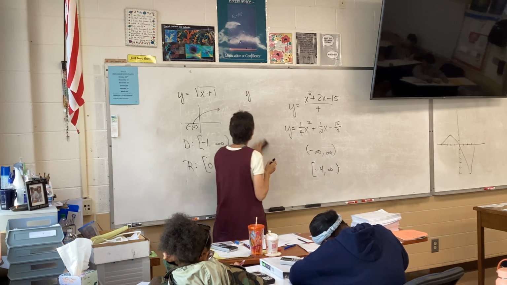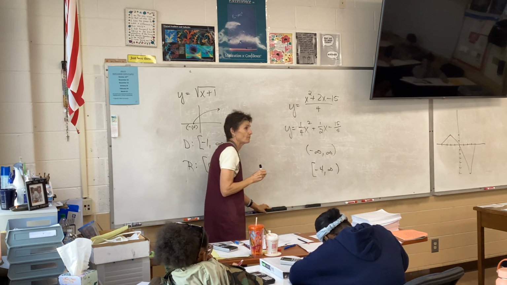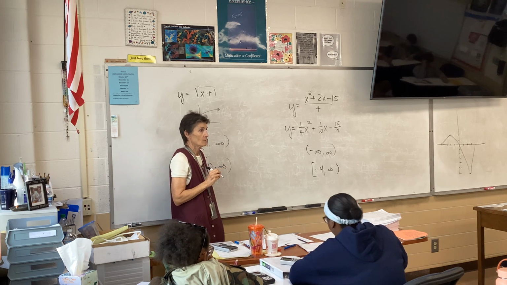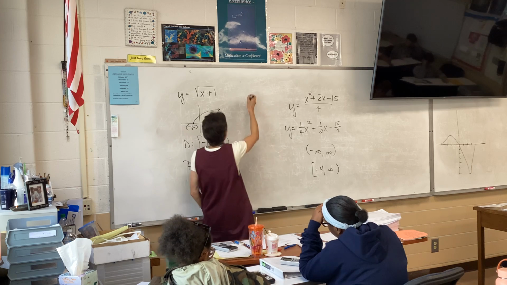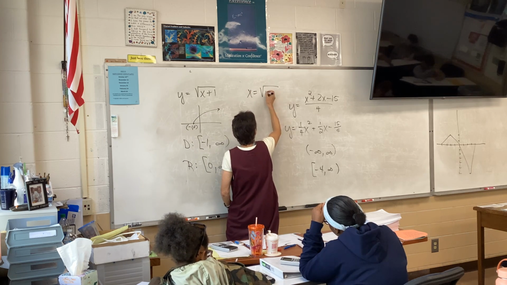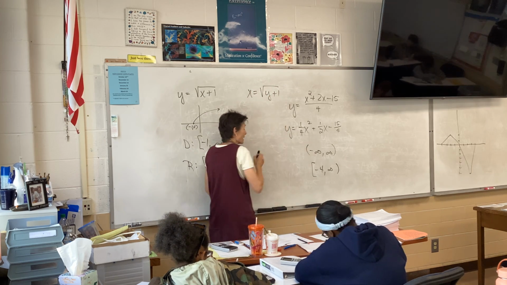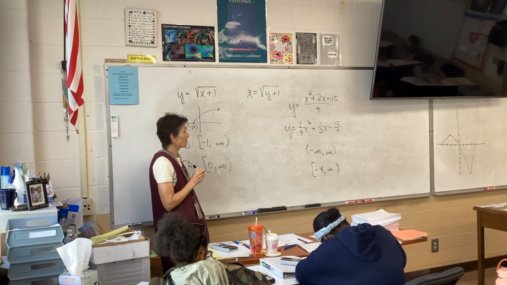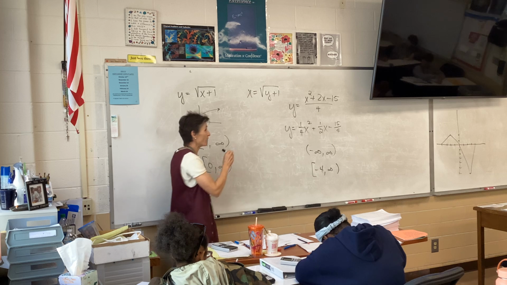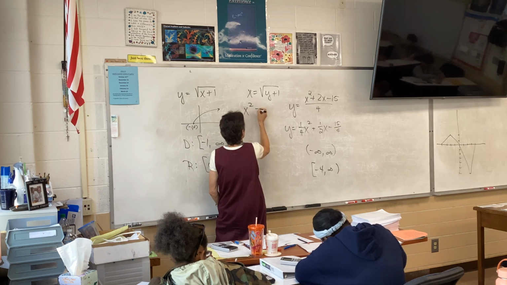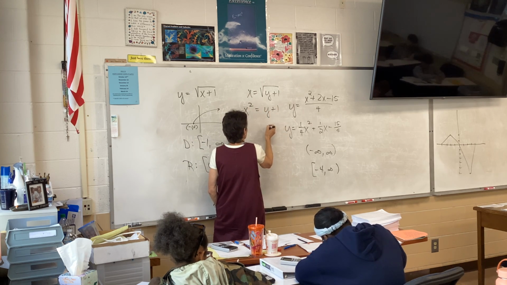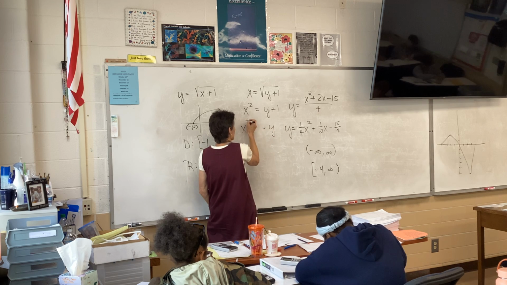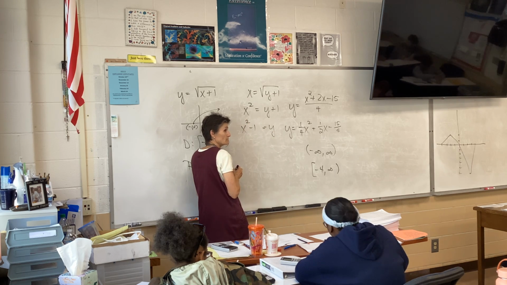So what do we do when we go to find the inverse? Switch the variables, so x equals the square root of y plus 1. Now I gotta get y by itself, so I'm gonna have to square and subtract 1.